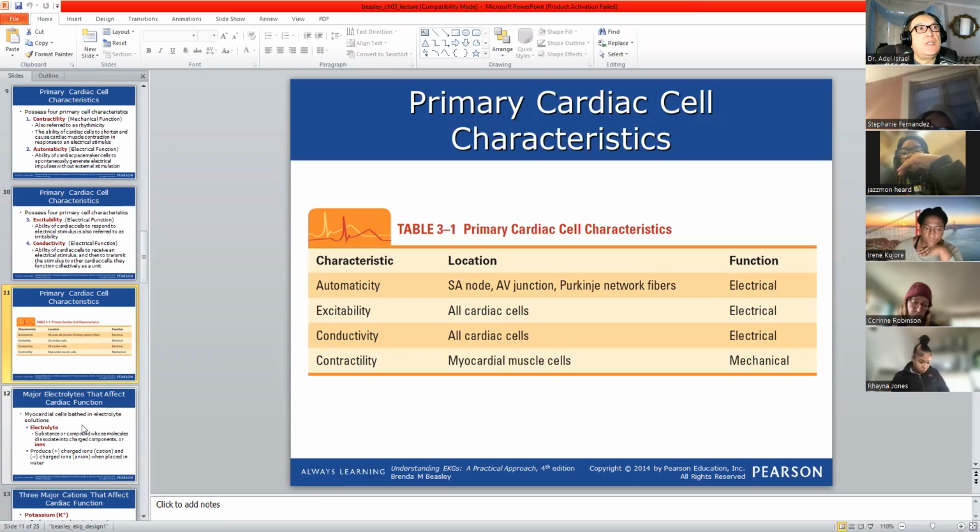Like we see here, automaticity: the SA node, the AV junction, and the Purkinje fibers, which, as I told you before, are the 3 generators inside our heart. Excitability: all the cardiac cells. Conductivity: all cardiac cells. Contractility: all myocardial cells. Which one is mechanical? The mechanical one is only contractility.